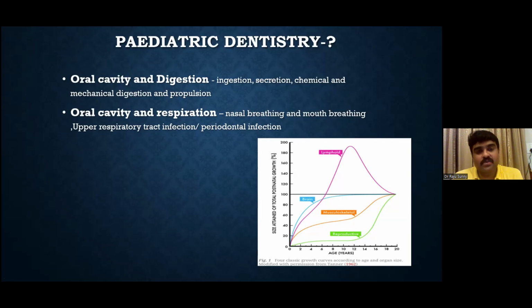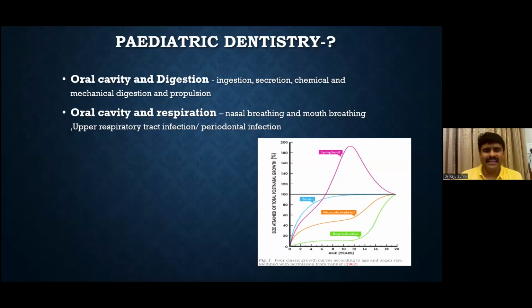So if the tooth has much decay, that means the microorganisms which cause dental caries and upper respiratory tract infections are more. So children who have too much dental caries will definitely have upper respiratory tract infection, which will be very common to them.